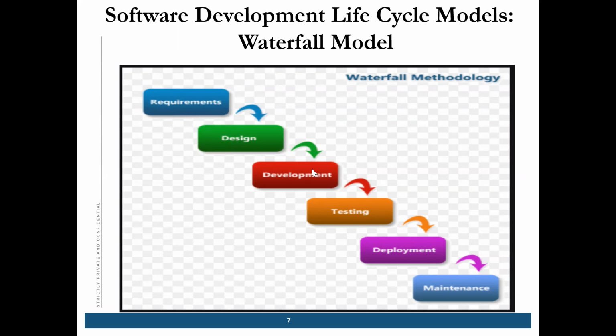The design phase is frozen when we go to the development phase. As Dimpesh has said, it's for small projects, and also for stable projects. Stable projects is also very important.